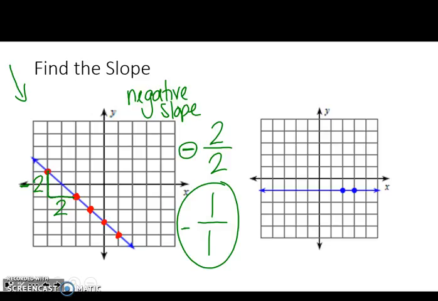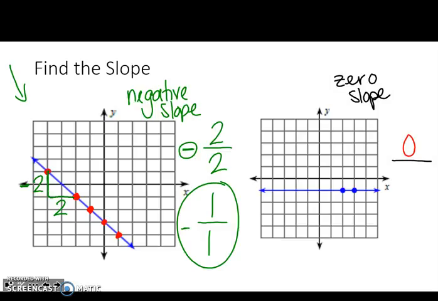All right, so if you look at this next example, you notice that it is a perfectly straight horizontal line. So we know that this is a 0 slope line. But I'm going to show you how we can also count the rise over the run. So our first number is the rise. Well, these points don't go up or down at all.